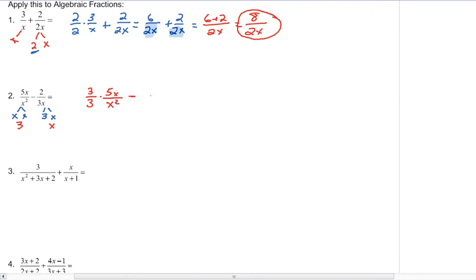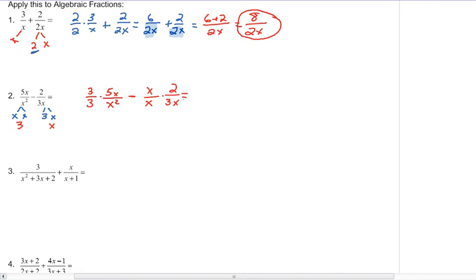That's minus what was missing from the second one. What factor was missing? Well, we already said that the x was missing, so we're going to multiply top and bottom by what was missing, and then whatever was left over, 2 over 3x.